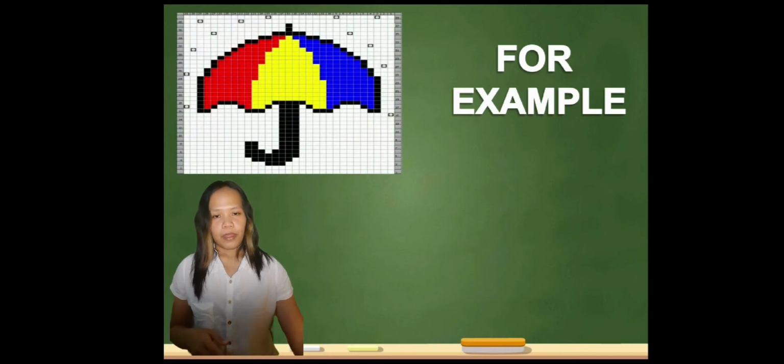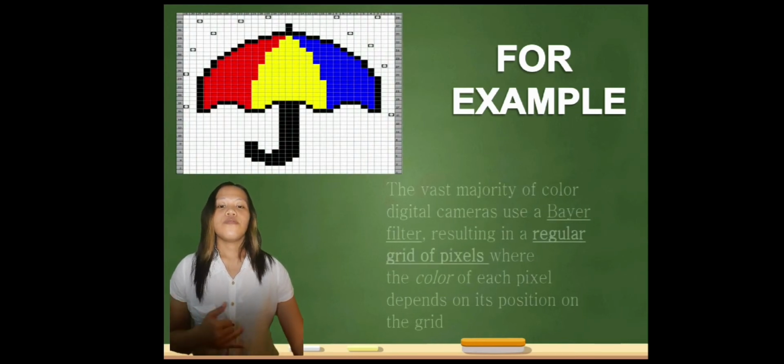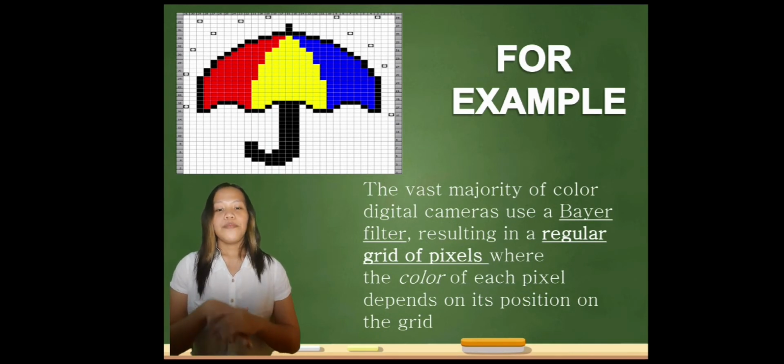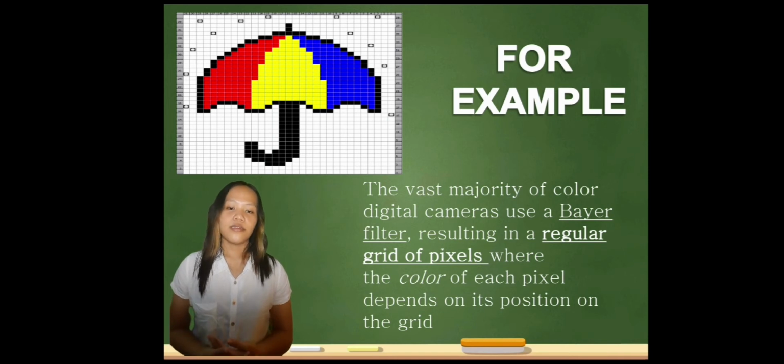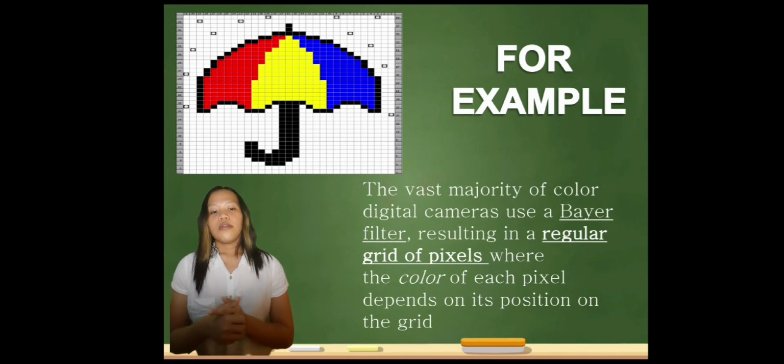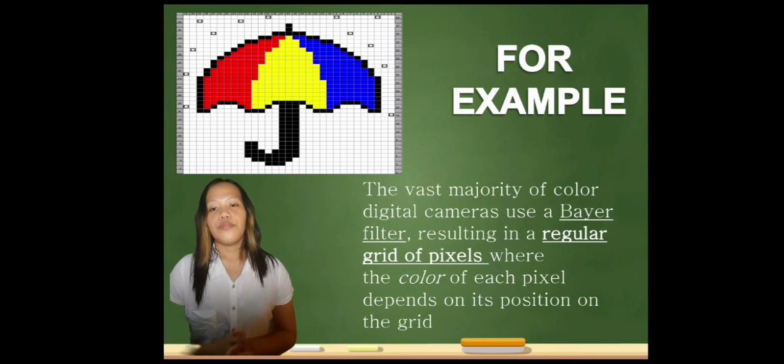The vast majority of color digital cameras use a Bayer filter, resulting in a regular grid of pixels where the color of each pixel depends on its position on the grid. As you can see in the sample, here the umbrella is pixelized.